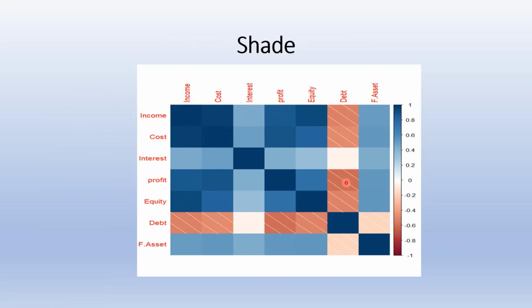Now you can find here a light pink color. So there is a negative relationship between these variables, and hence a negative correlation, and the correlation is moderate because the color is lighter. So in this way, we can interpret these colors and shades.